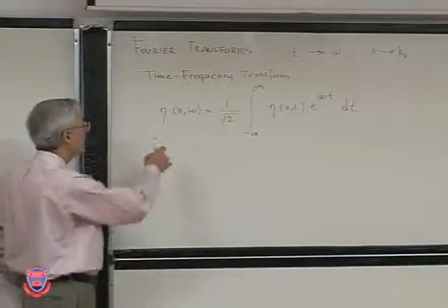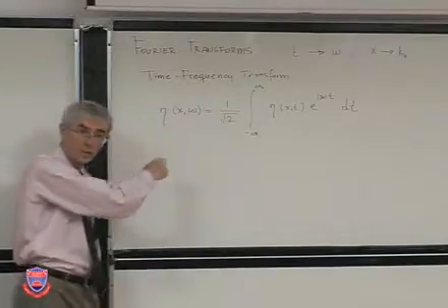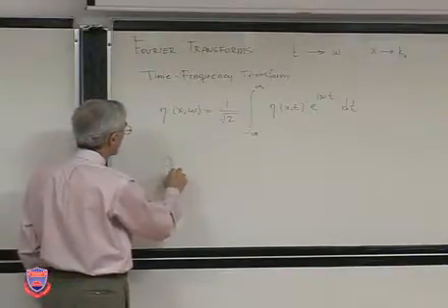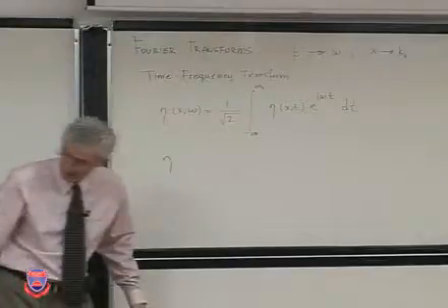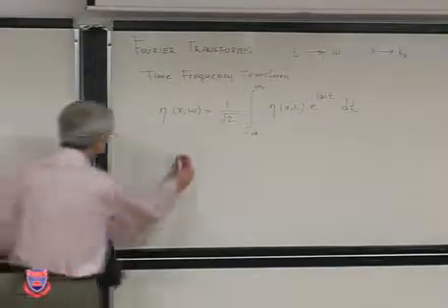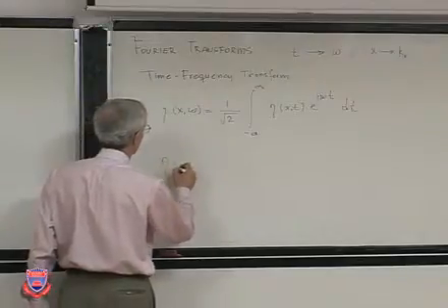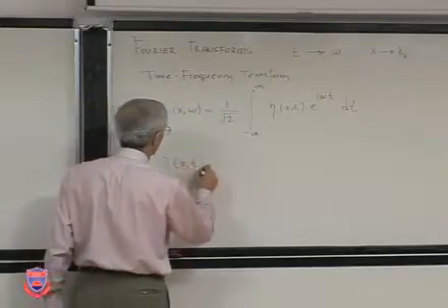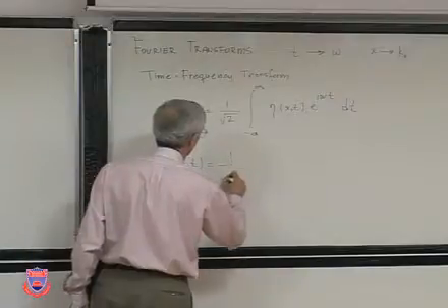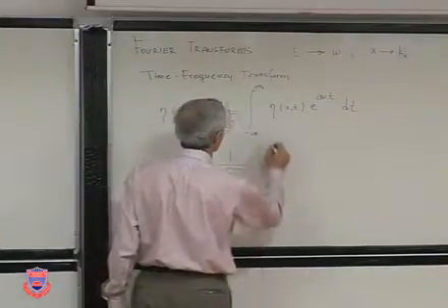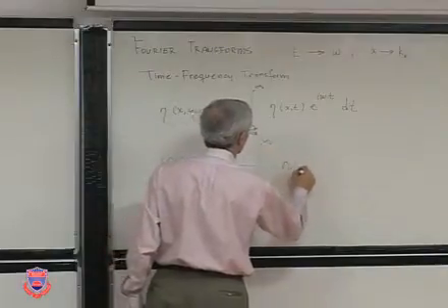Now, if you know the Fourier transform of a variable, then you can obtain the function itself by inverse Fourier transform. Once again, minus infinity to plus infinity.